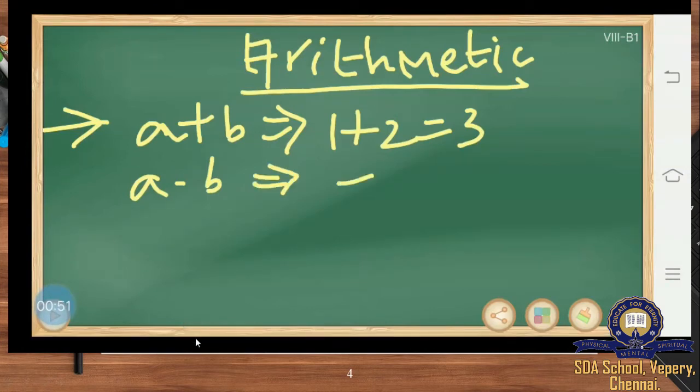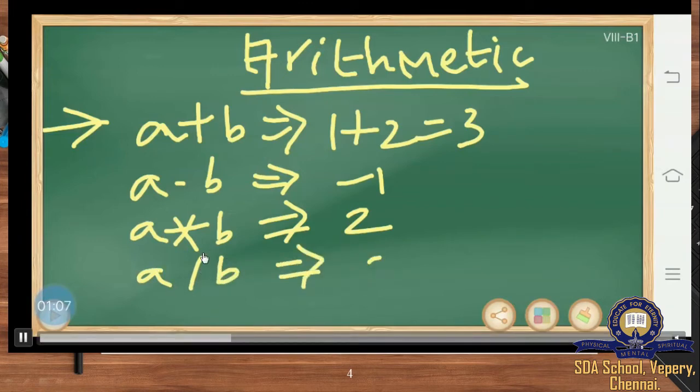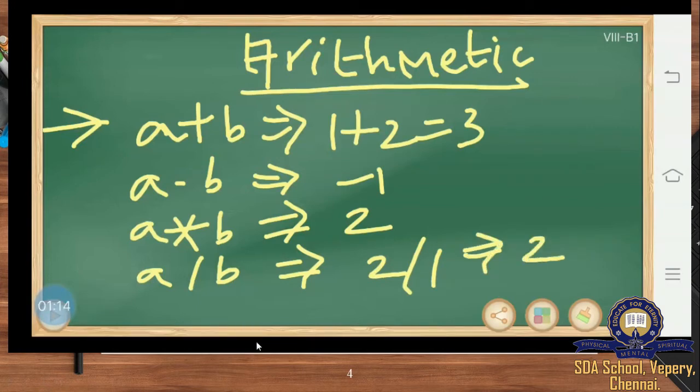A minus b gives me minus 1. A into b gives me 2. Then a slash b, which we call the division operator: 2 divided by 1 gives me 2.